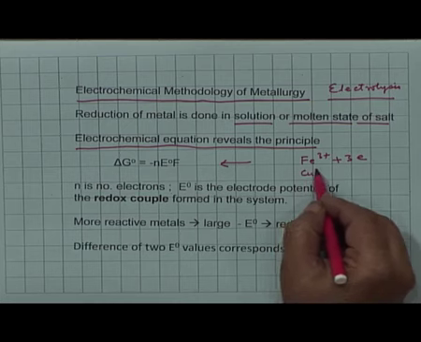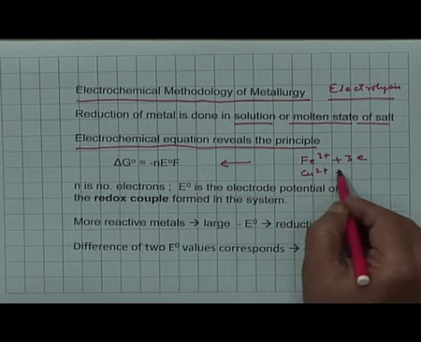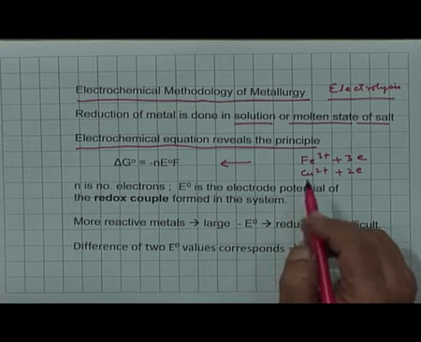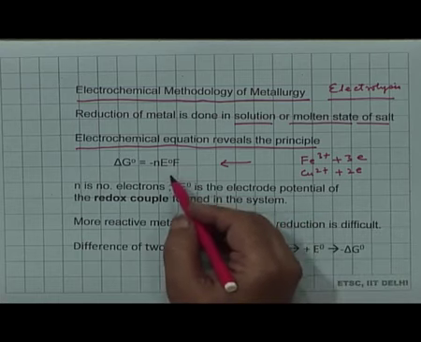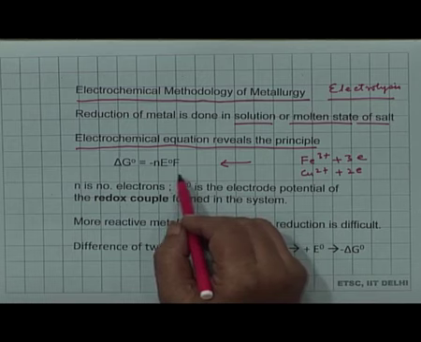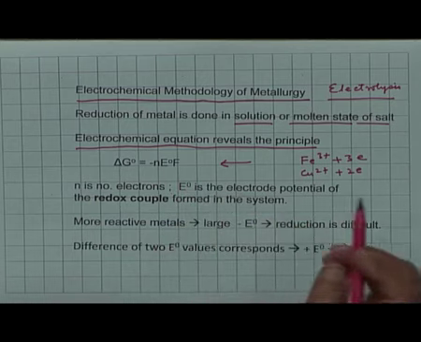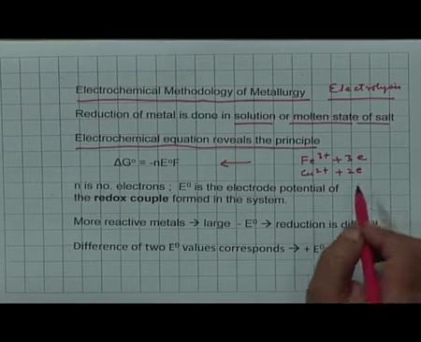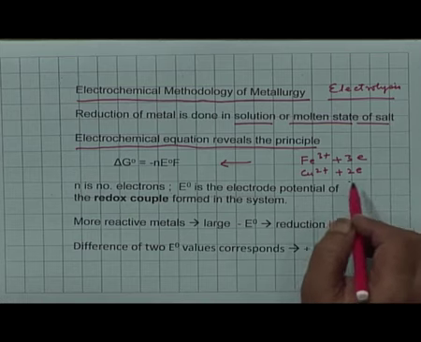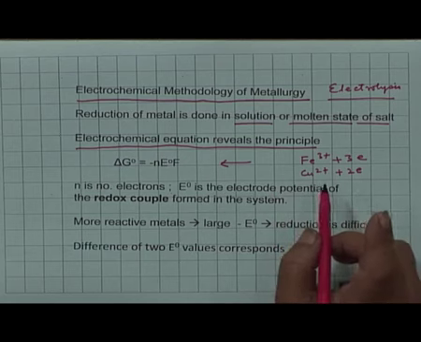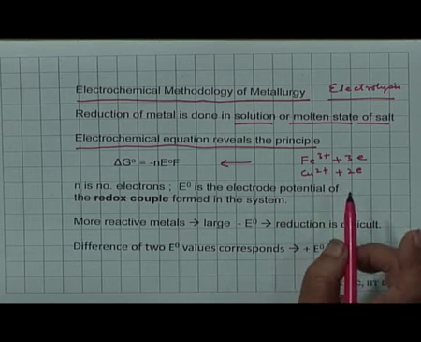For Cu2+ the value will be 2. And what is F? It is the Faraday, its value is around 95,000, and it is the charge in coulombs required for a 1 electron process.